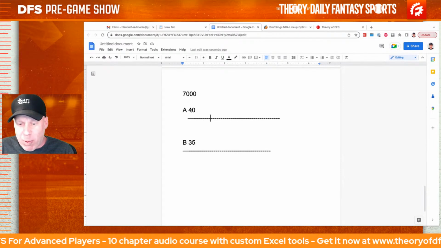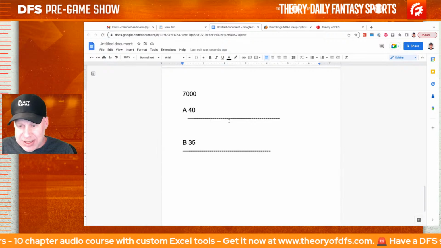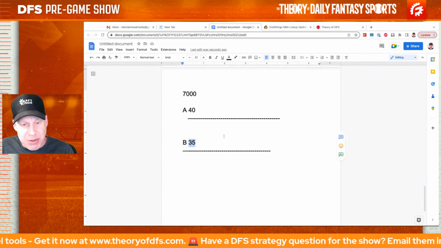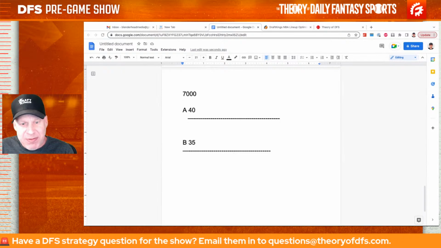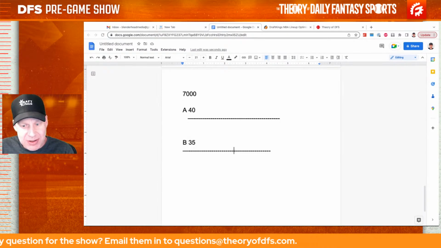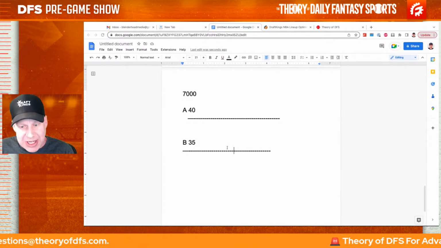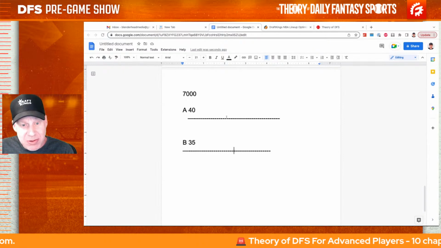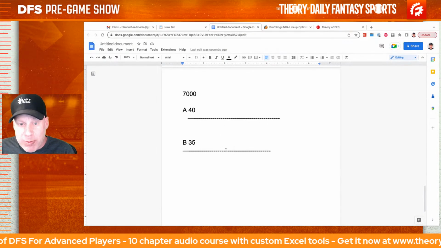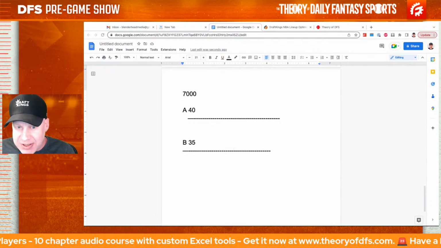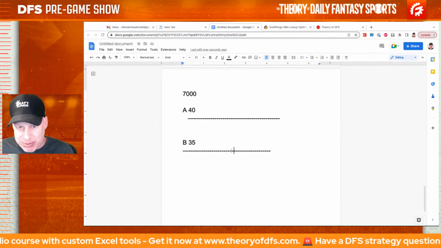So where is 40 on this scale? 40 on player B's range of outcomes is like the 55th or 57th percentile. A's 50th percentile is B's 57th percentile. So while A will score 40 points or more 50% of the time, B will score 40 points or more 43% of the time.